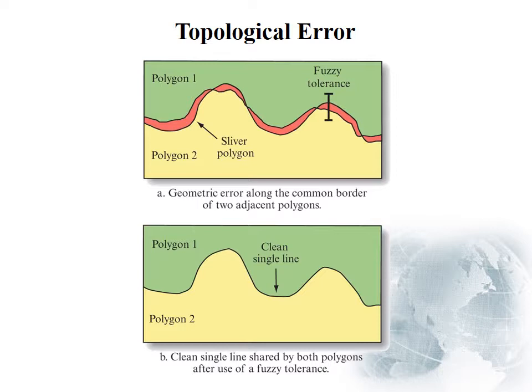So we can apply a fuzzy tolerance setting and a filter to the data set and erase those things, producing that one at the bottom, a single clean line between the two, and wind up with at least a cleaned up data set, and ideally something that's fairly accurate and topologically correct.